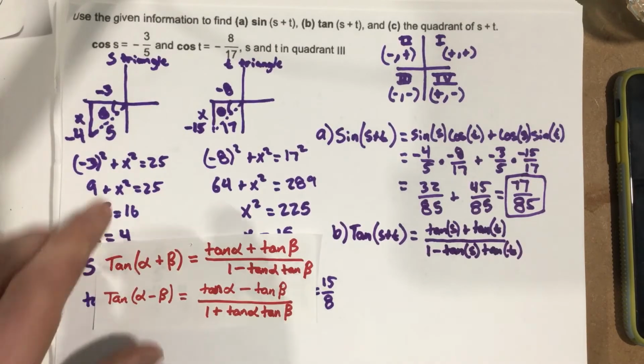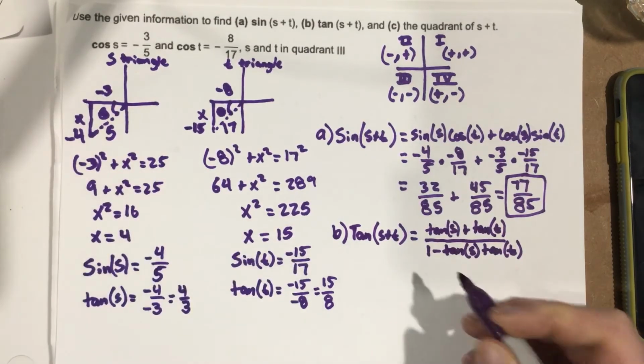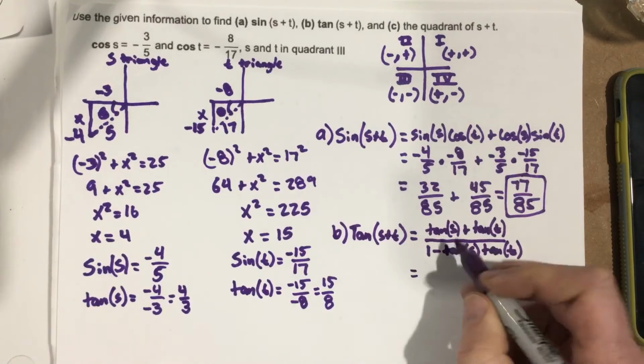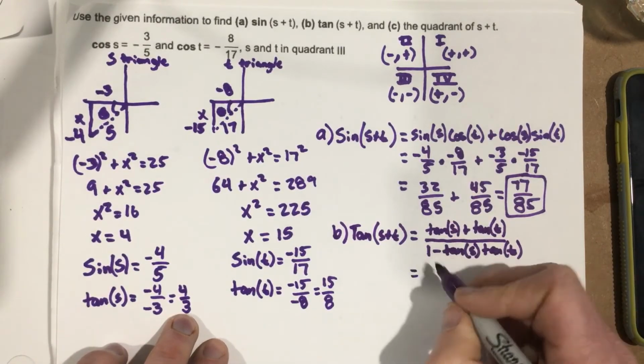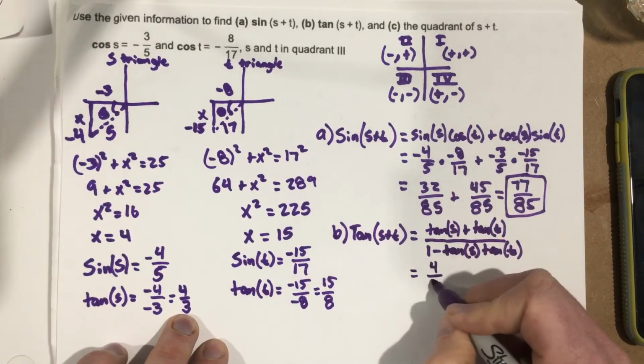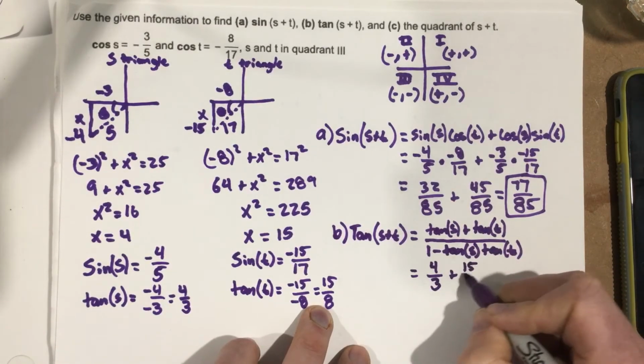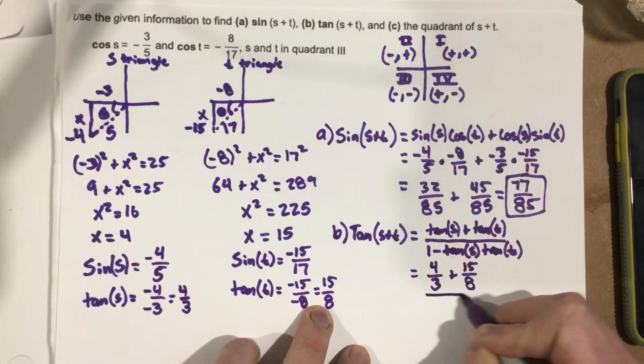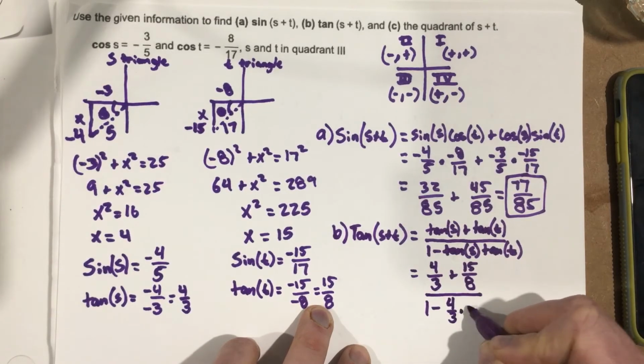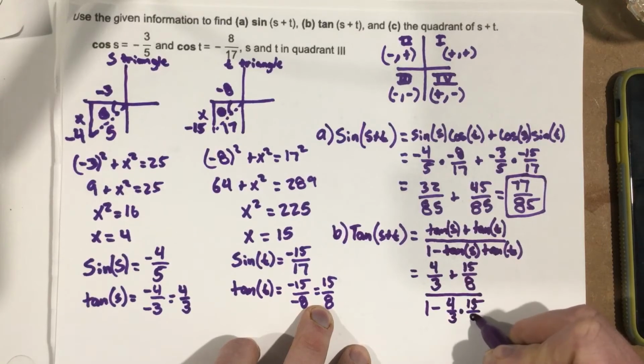Okay, so we know that that is equal to tan s, which is 4/3, plus tan t, which is 15 over 8, over 1 minus 4/3 times 15 over 8.